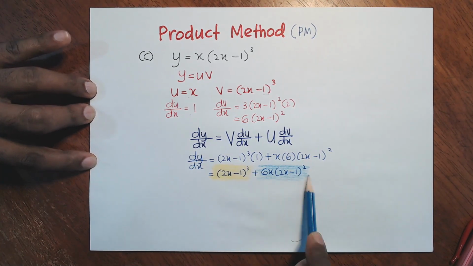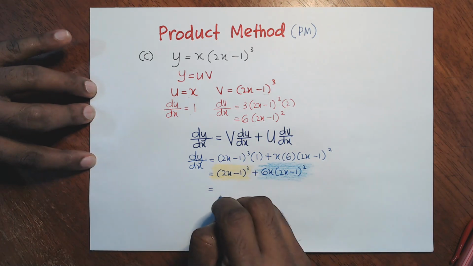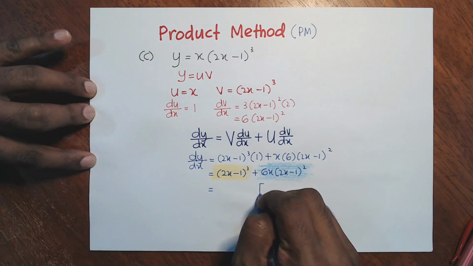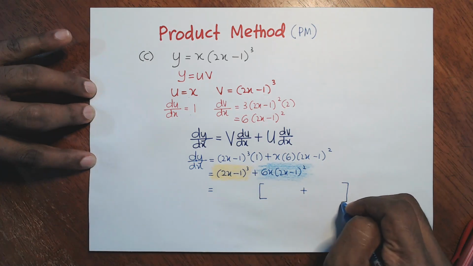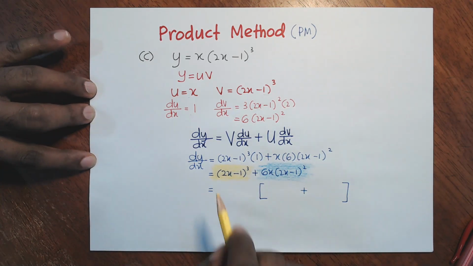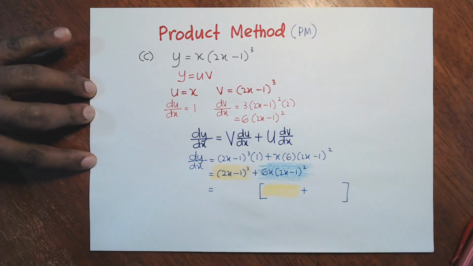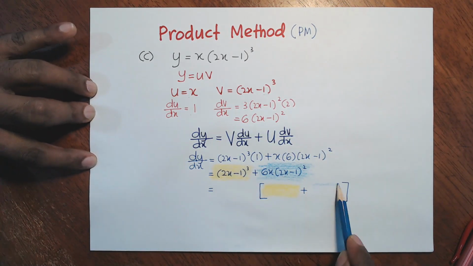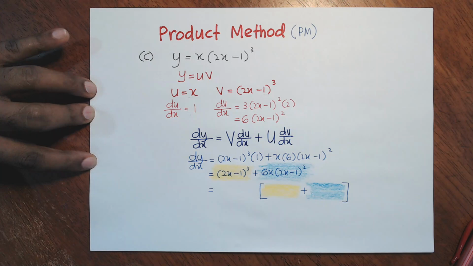You check and see what are the similar things that we can factorize, and then we take them out, put them outside here, and write down what will be left inside a bracket, which means what is left on the yellow side is here, and what is left on the blue side is that.